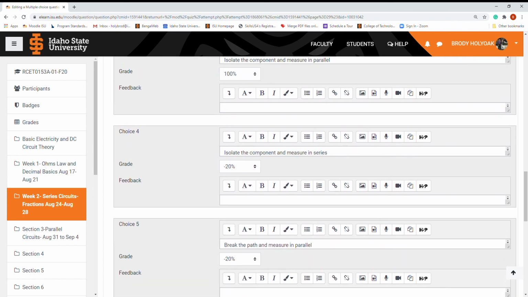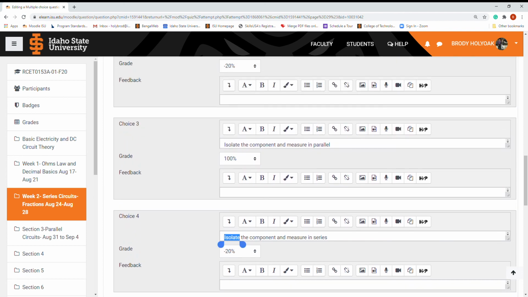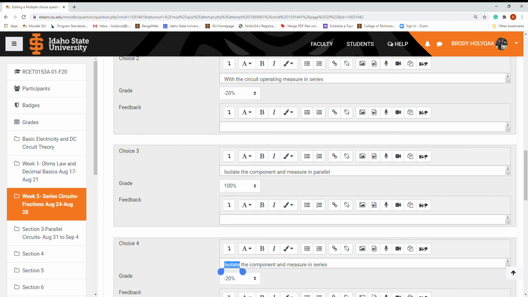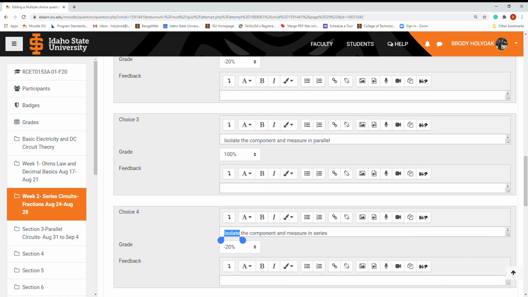So this one, like I said, I'll go back and change, because this is what you're doing. You're isolating it and measuring it in series. Okay, so this one should be correct. The main thing here is you want to isolate it. See right here, this should be switched. For some reason, this one didn't transfer over correctly. So yes, you're going to isolate it and measure it in series, because that's how your meter works. Your meter is now supplying the voltage, and it's going to measure the current.